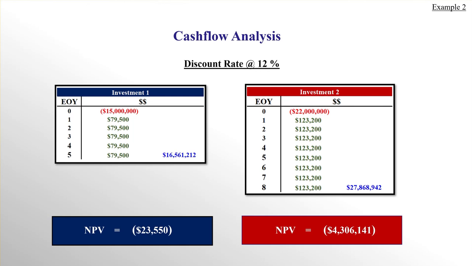Looking at the net present values for both properties, we see that they're both negative numbers. This means that in order to achieve Mr. Trump's desired yield of 12%, we must reduce their purchase price by their respective net present values.